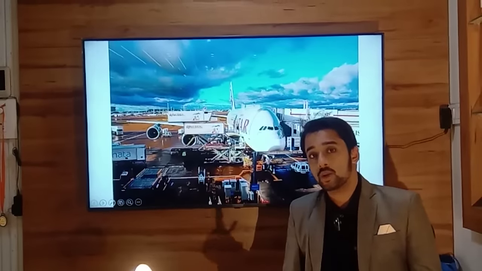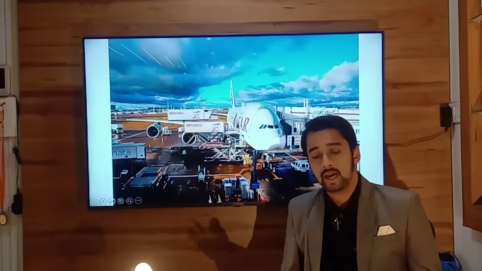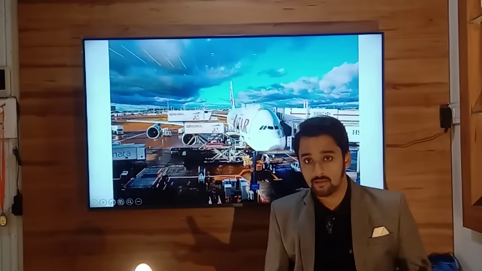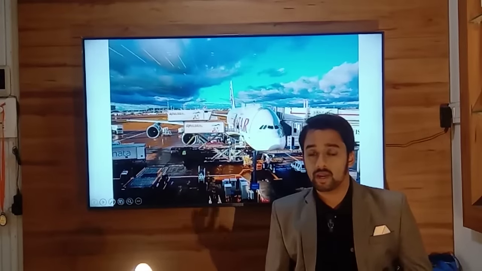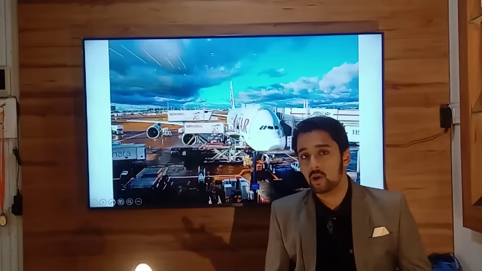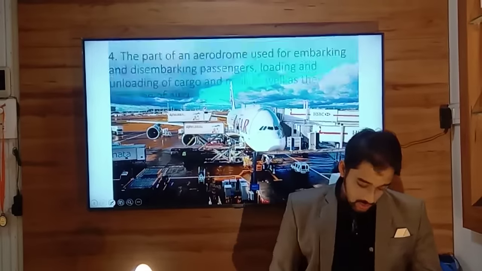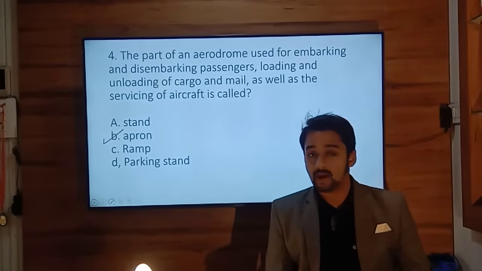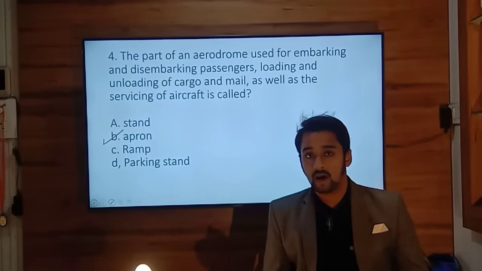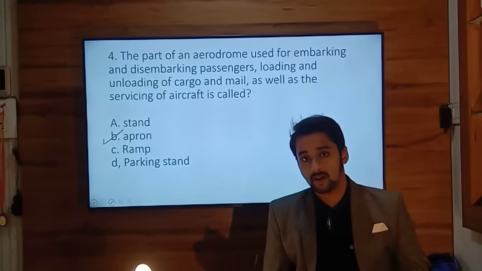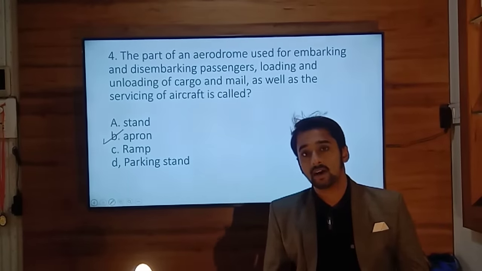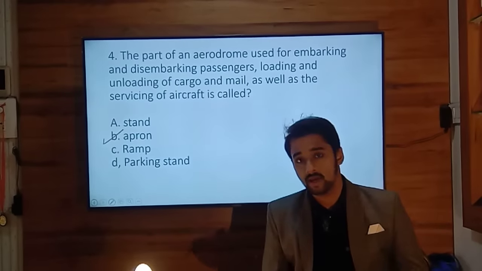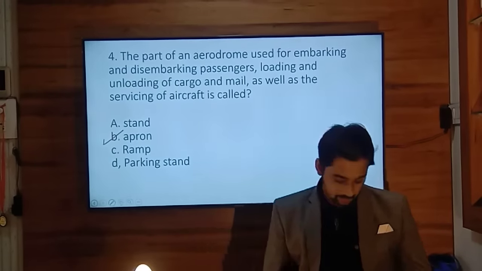But when aeroplanes are located far from the terminal building, passengers are transported to that aircraft via bus, car, taxi, whatever. Such places where aircraft are parked away from the terminal are called ramp. So apron is where embarking, disembarking passengers, loading, unloading of cargo, as well as servicing of aircraft happen. And if some aircraft is parked very far away from the terminal building at an isolated parking spot, that will be called ramp.